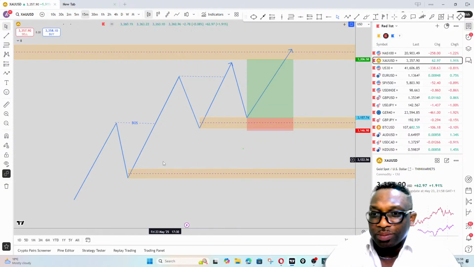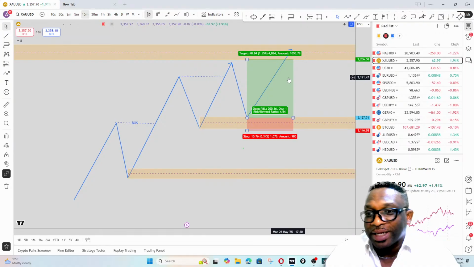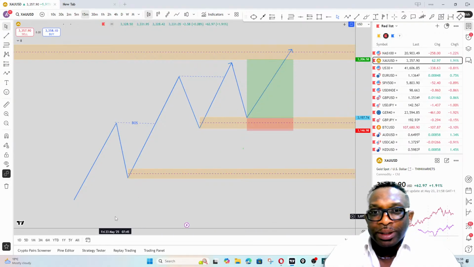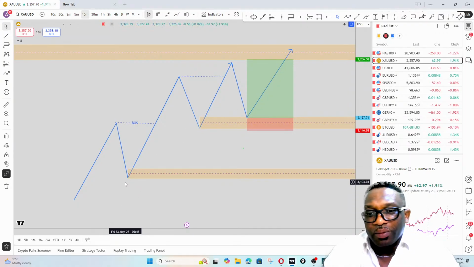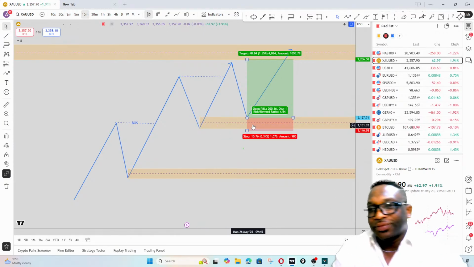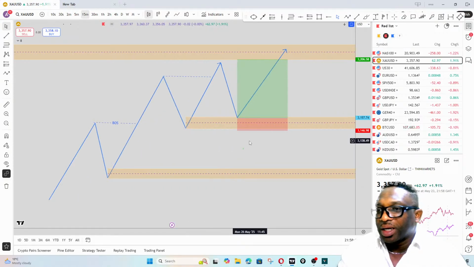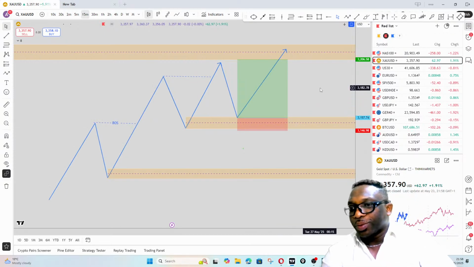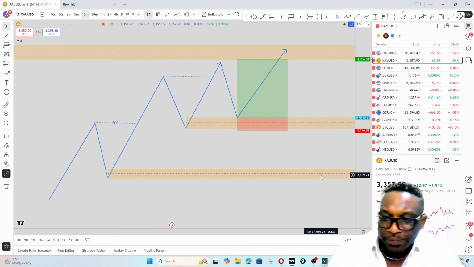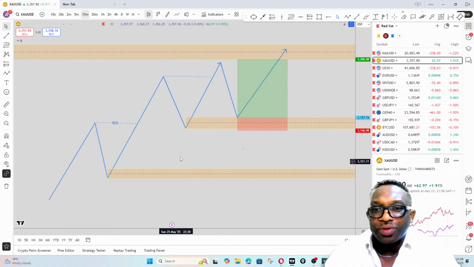The 20 moving average on the charts will also help you to get the right bias and then follow it up. So whatever it is, you can do some back testing on this and see how it will help you in your own journey as you go about trading.